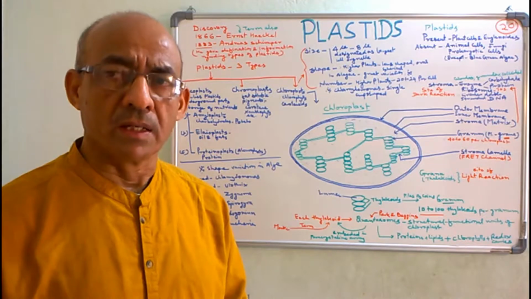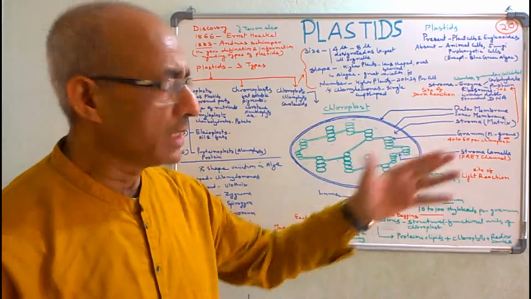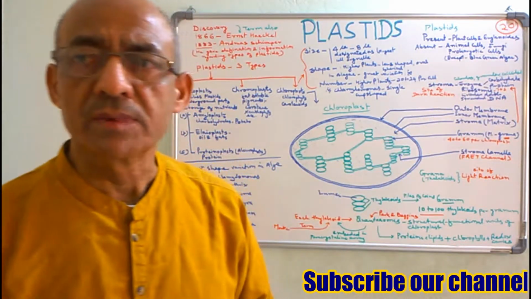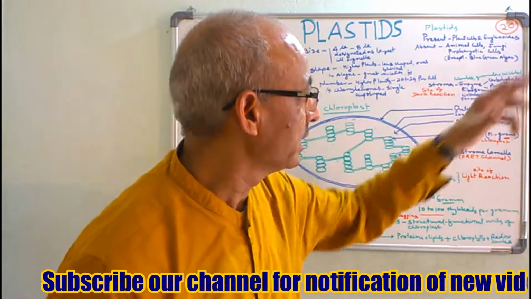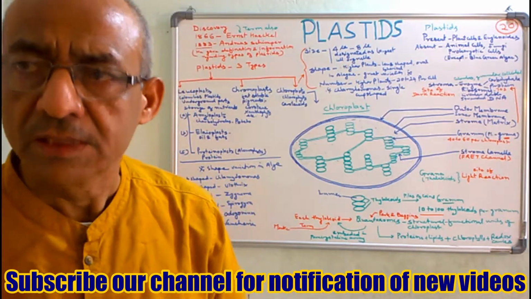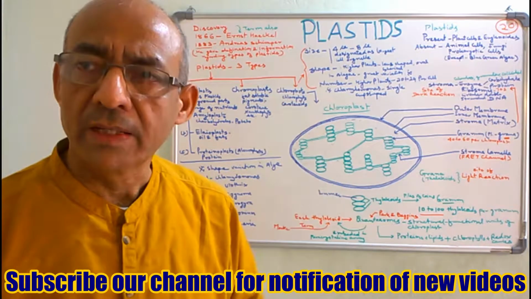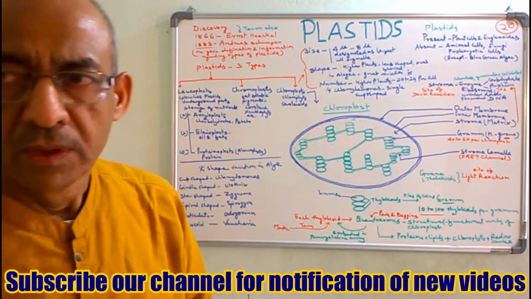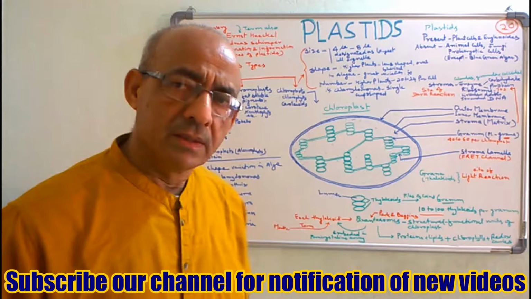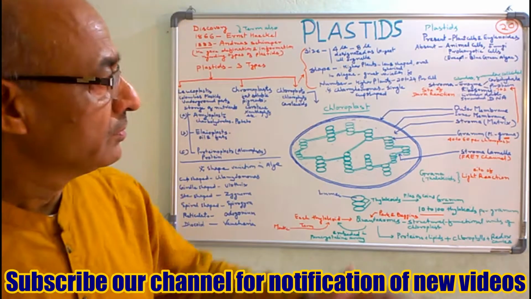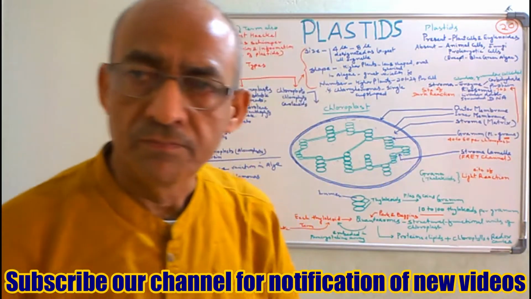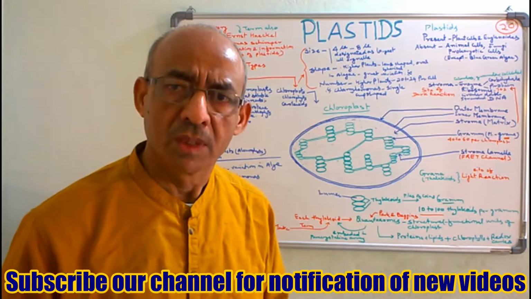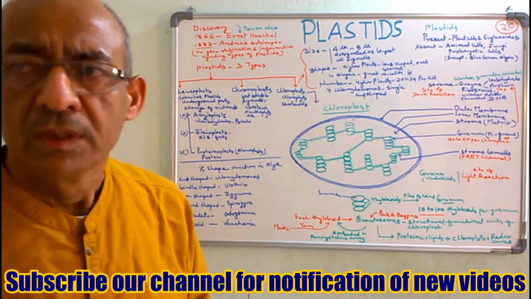Apart from grana and stroma lamellae, the stroma also contains certain enzymes for the synthesis of carbohydrates and proteins, as well as a number of ribosomes. Here ribosomes are found in 70S form. Ribosomes of the chloroplast are smaller than the normal ribosomes found in the cells.